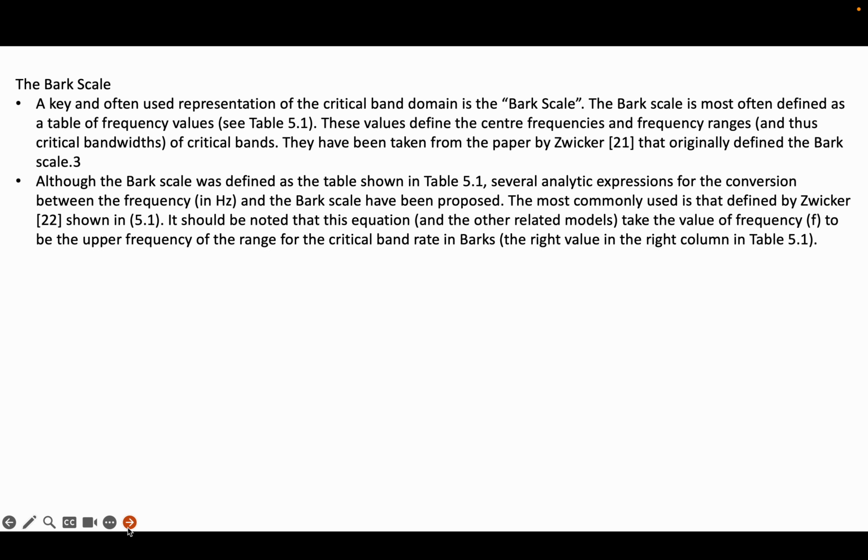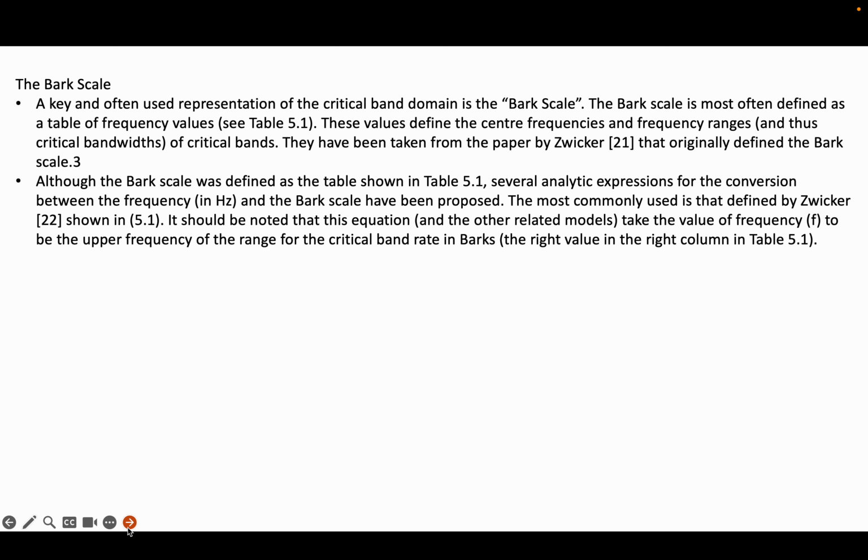So people came up with words and terms to represent these critical bands. And the first one, and still one of the most common ones, was the Bark scale. It's usually defined as a table of frequency values, and they represent the center frequencies and the frequency ranges of these critical bands, taken from an original publication and going to be shown in the table on the next page.